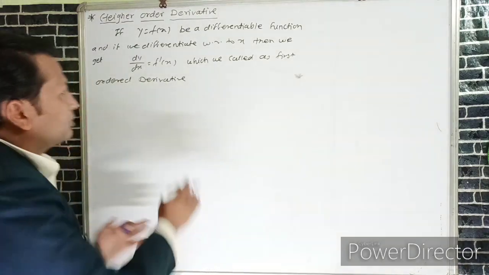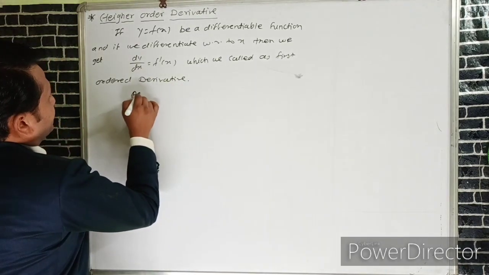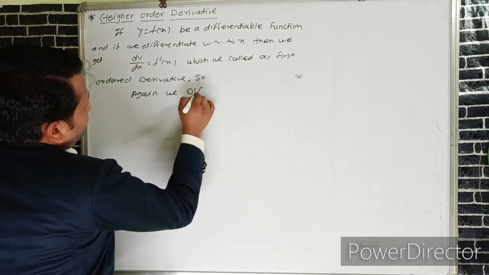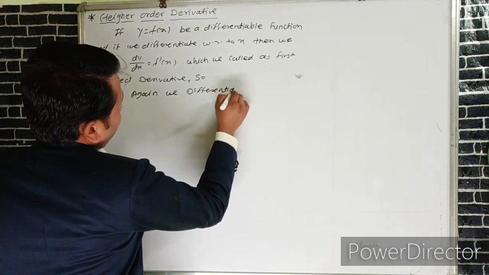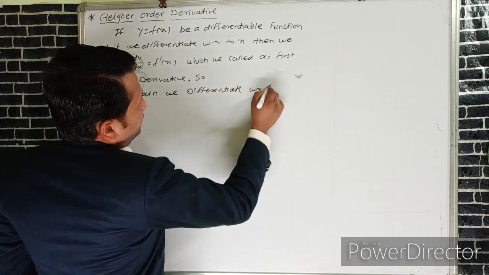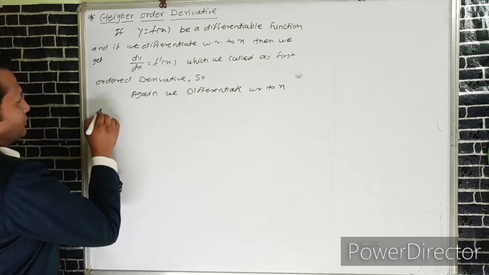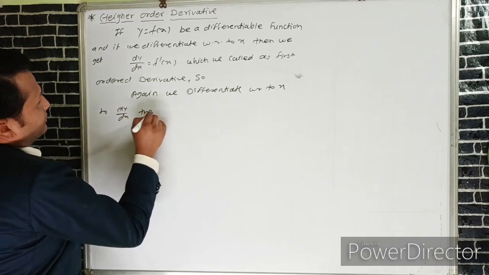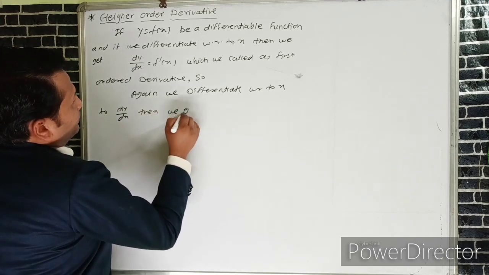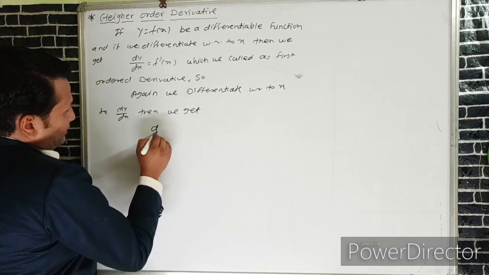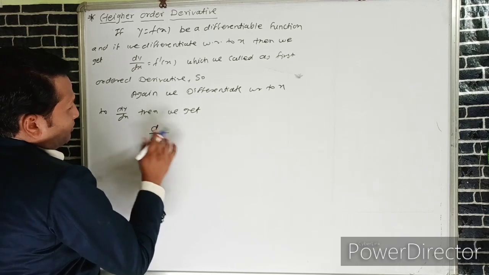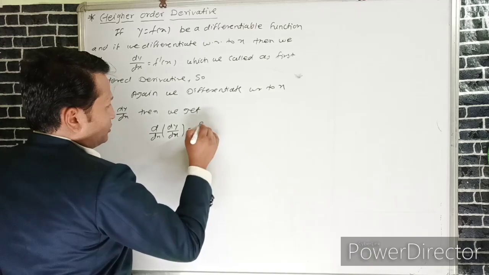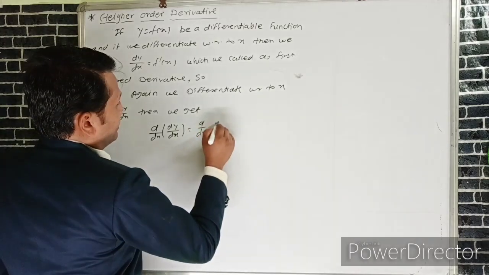So again we differentiate with respect to x, dy by dx. Then we get the derivative of dy by dx is equal to the derivative of f dash of x.